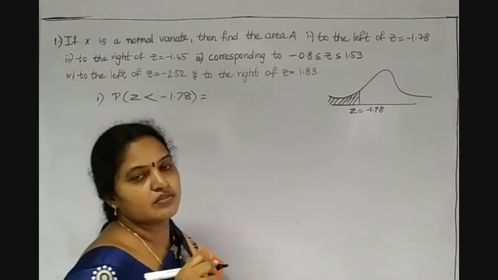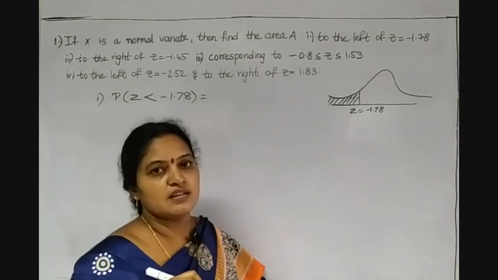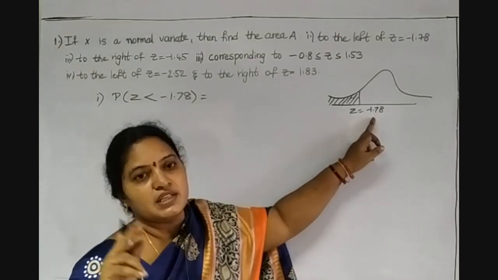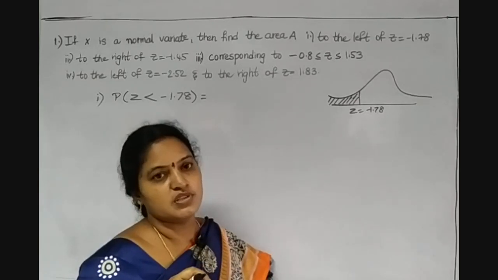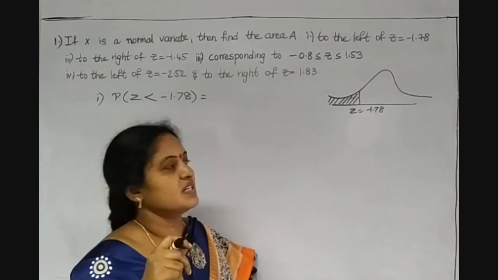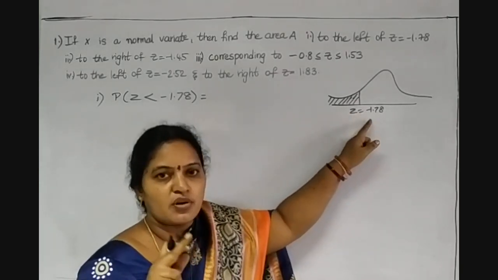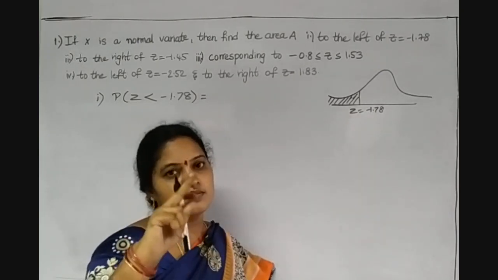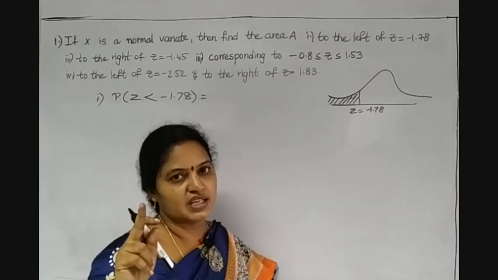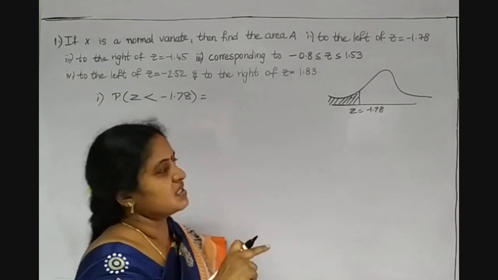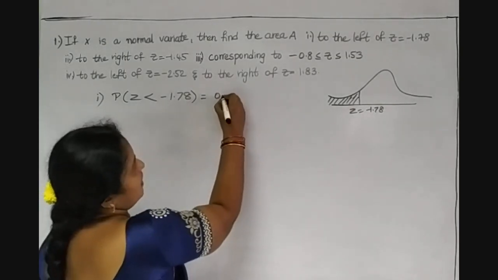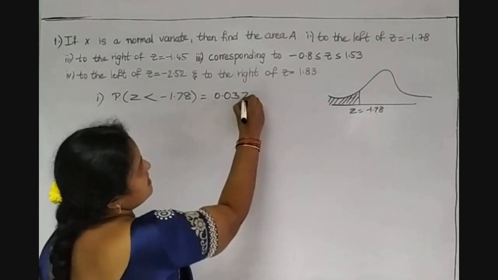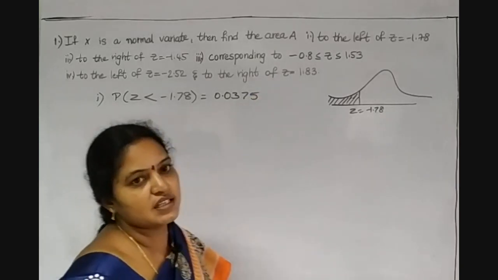This is equal to, we will see this value in the normal distribution tables row wise, that is minus 1.7 at column 0.08. That value is equal to 0.0375, which is the answer.